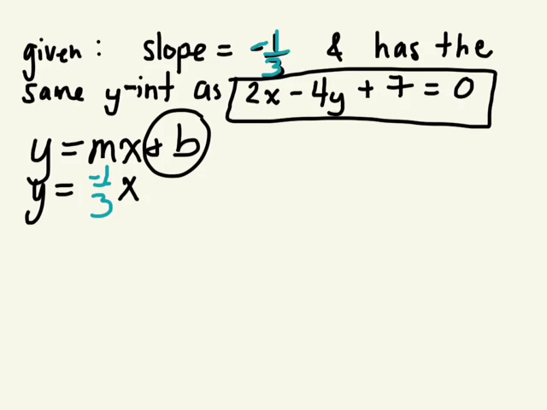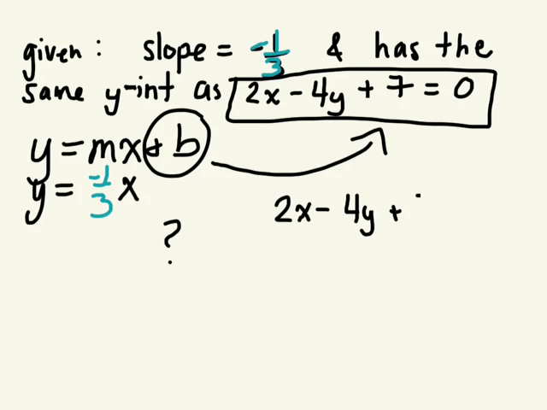So my b is going to be the same as whatever the y-intercept is of this line. The line given is not written in slope-intercept form, so we need to rearrange it to figure out what b is. All we need to know here is b. So I need to figure out the y-intercept of the line that's defined by this equation, so I need to put it in slope-intercept form.